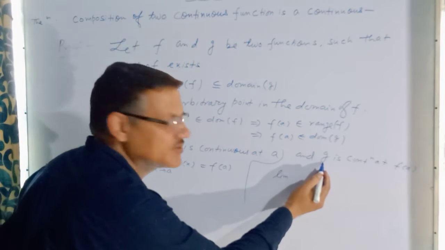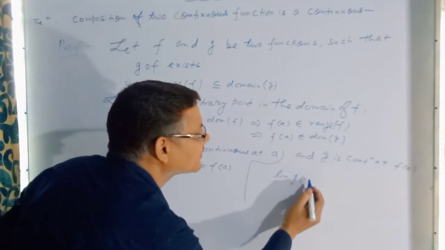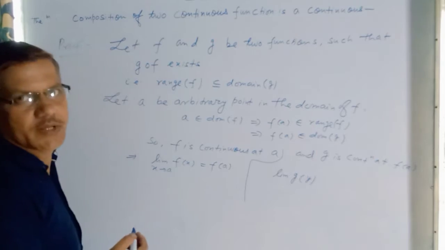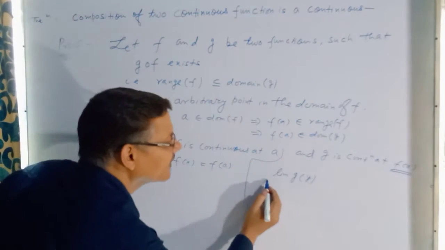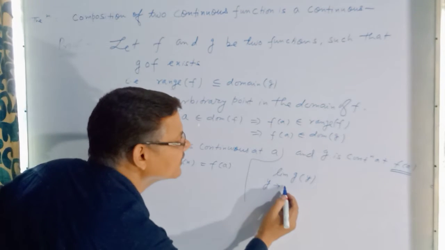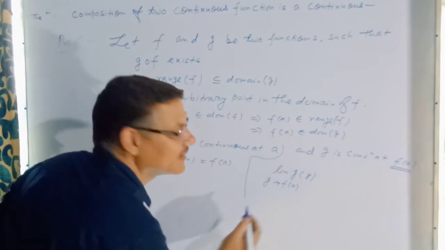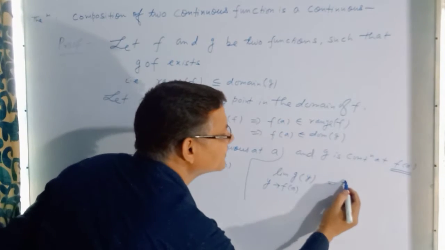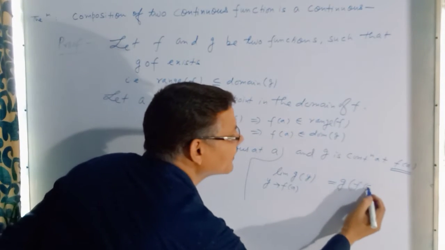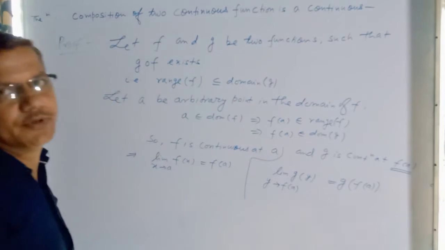Here we take g, so take g(y). And what about the point? It is f(a), so we write y tends to f(a), g(y) is equal to g(f(a)). It is by the definition of continuity.